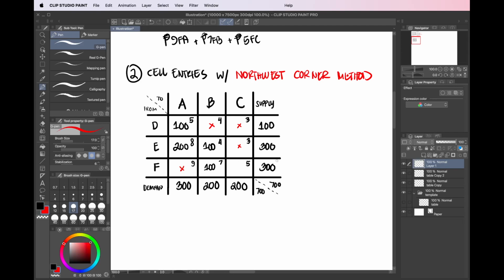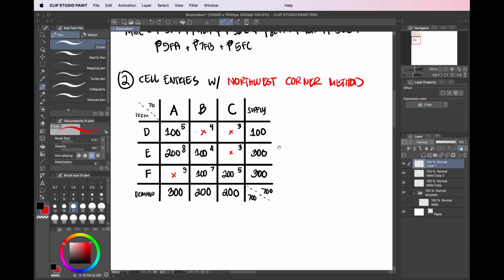Then we see here 300, so we put 200. So 100 plus 200 is 300, which satisfies this supply, while 200 alone satisfies this demand of 200. So this is basically it for your initial table, right?